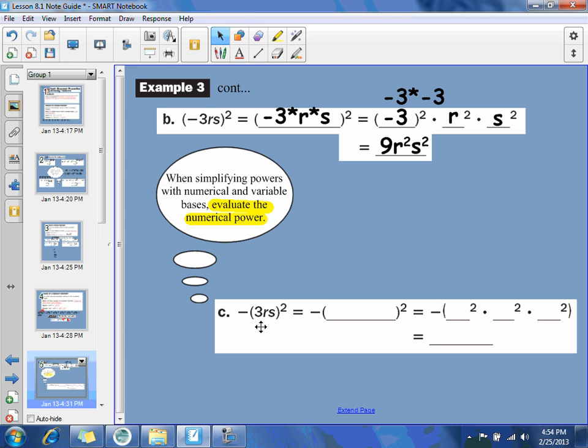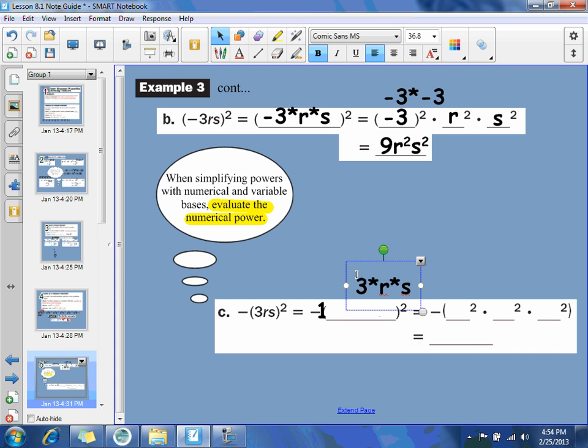Look at letter C. The only difference is the negative's on the outside. Notice the negative stays on the outside. This is like -1 times all of this, because that squared doesn't go to it. So this is 3 times r times s. And so we're going to get the 3 squared, the r squared, and the s squared.